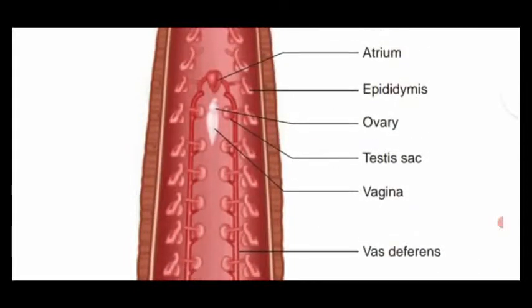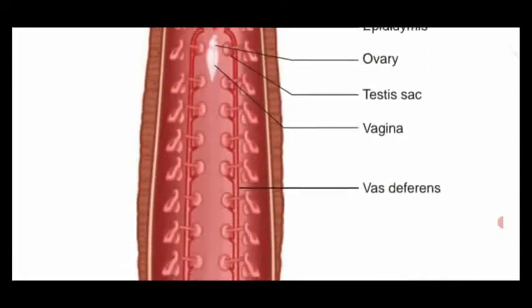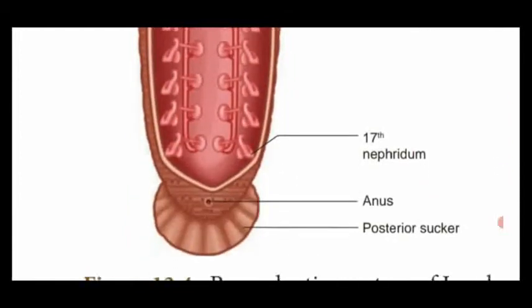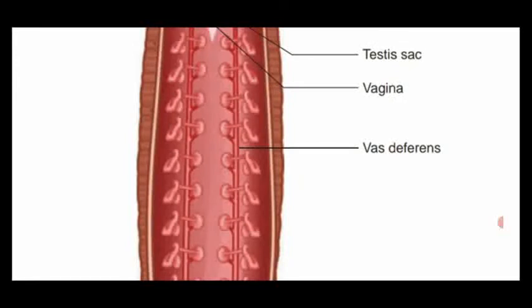Likewise, the female reproductive organ contains ovary and vagina. Both sex organs are present in the same animal body, so this type of animal is called a hermaphrodite animal. Hermaphrodite animals means both the sex organs are present in the same animal body.